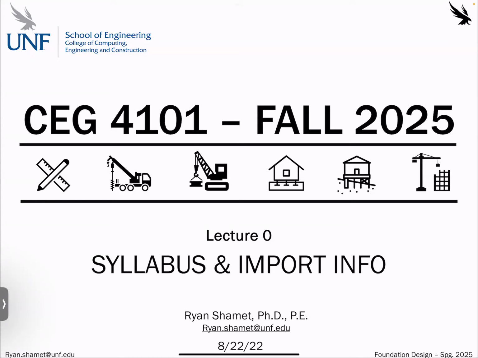Especially on the FE and the PE, the stuff you'll see under NCEES that is covered in geotech, we're going to be able to cross a lot of that off the list of understanding through this class, where with the first class we just simply don't have enough time.